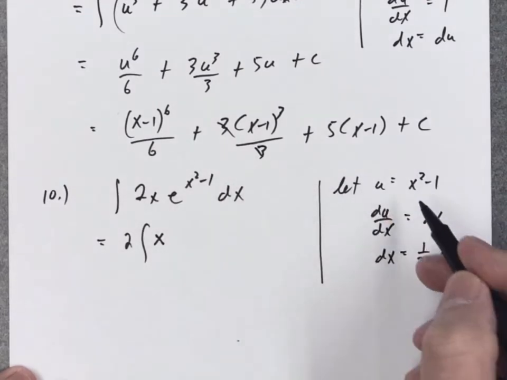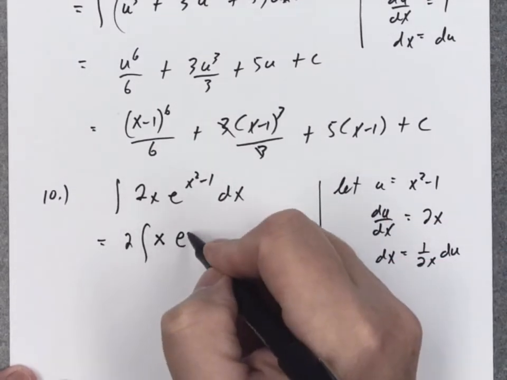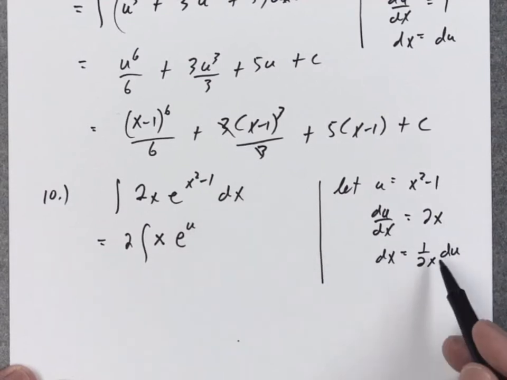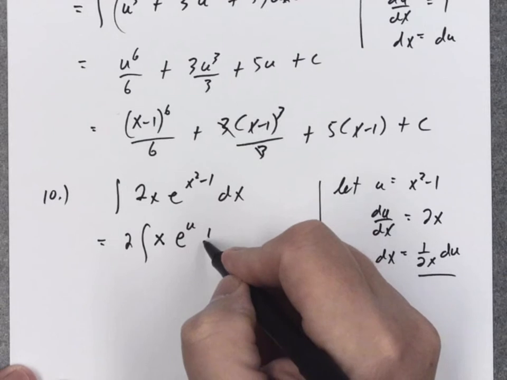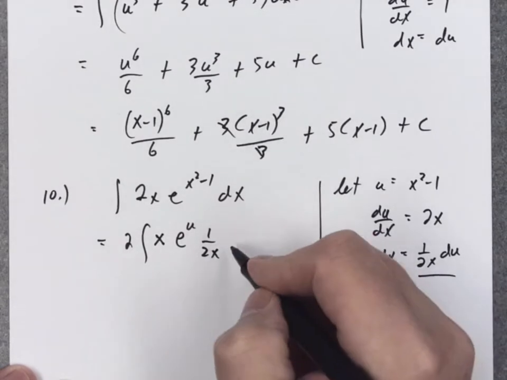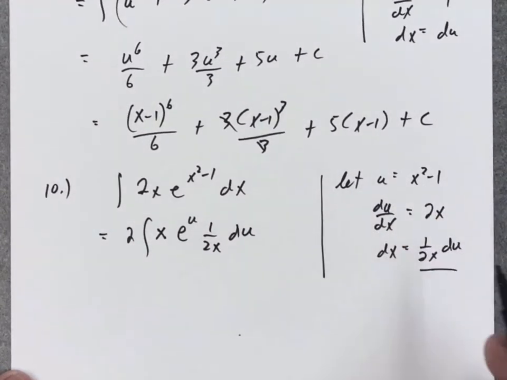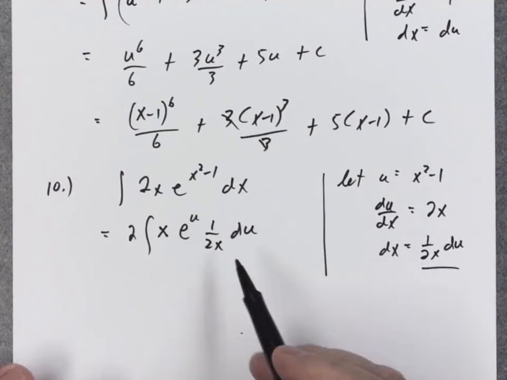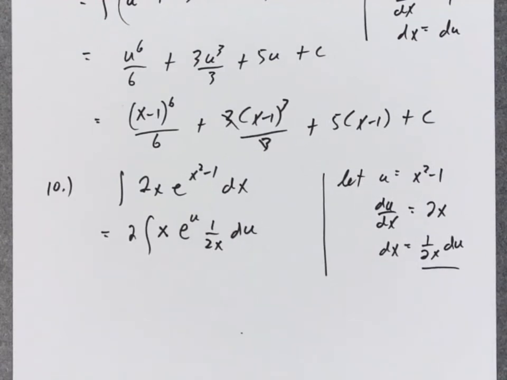E to the x squared minus 1, well, that becomes e to the u. We've got dx. So this whole thing, I'm going to substitute in for dx. So I've got 1 over 2x du. Now the same thing. I'm trying to get to all u's, and I've actually brought another x in here. So this doesn't look good, because I'm trying to get all u's, and I've got x's.